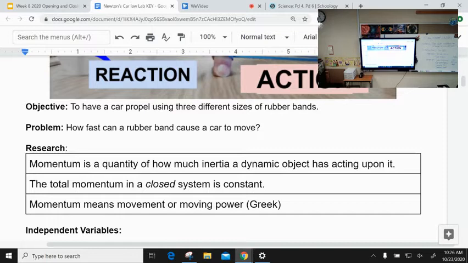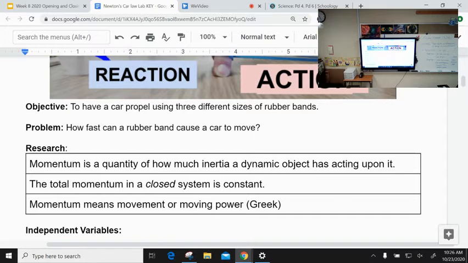If you remember last week, or was that Monday, you guys did the 2 marble thing with the golf ball? I think it was Monday, yeah. In that whole lab, when you went down the ramp, you had to measure the mass of each of those, and they changed. Now, your one constant is going to be mass.